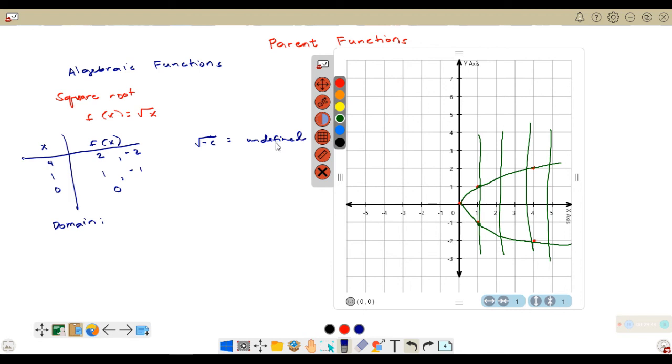So, the square root of negative real numbers is undefined. So, hindi natin siya pwede i-plot dito. The lowest value that this function can take is 0. So the function will start at 0 up to the positive infinity.